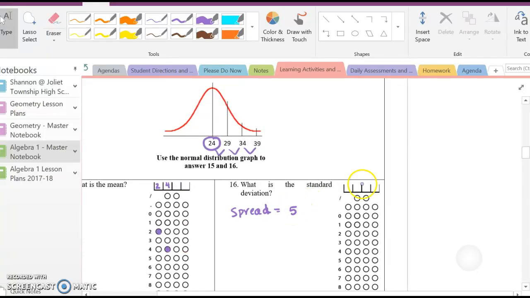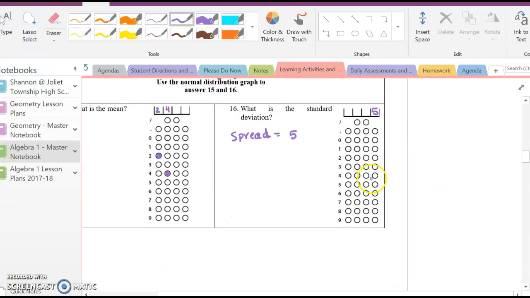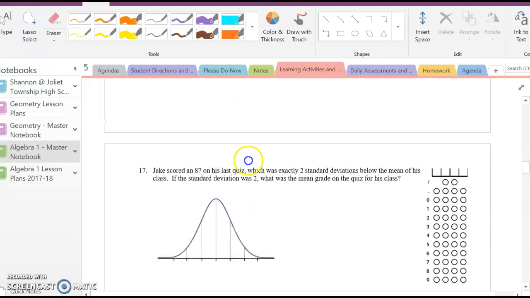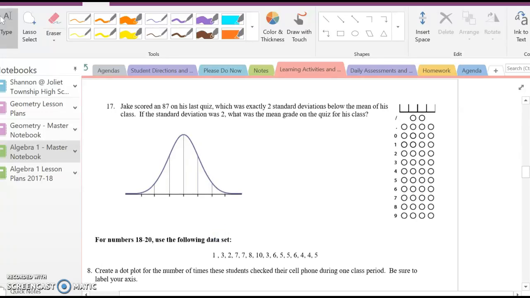So my standard deviation is 5. You could put 5 at the front or in the middle. It doesn't really matter, as long as you put in 5 and bubble it in. For number 17, Jake scored an 87 on his last quiz, which was 2 standard deviations below.